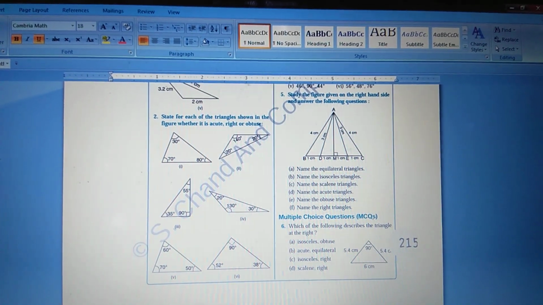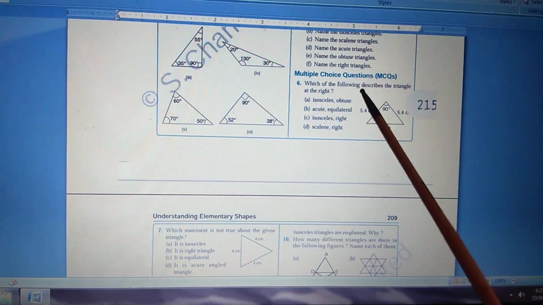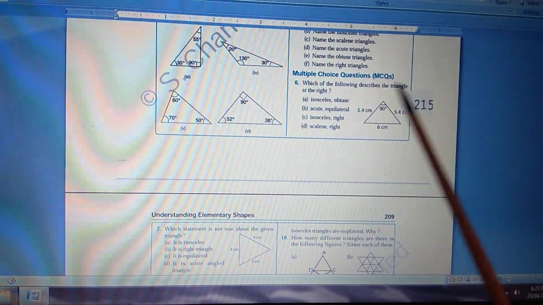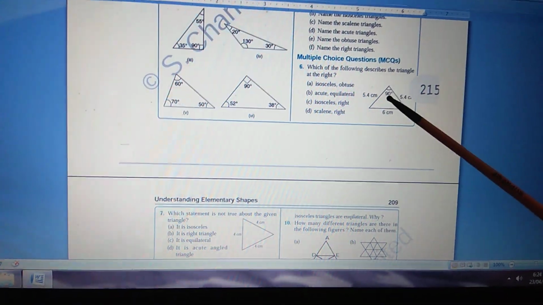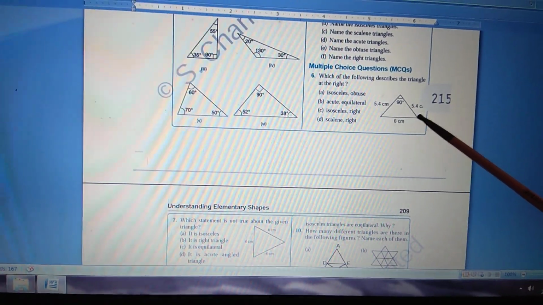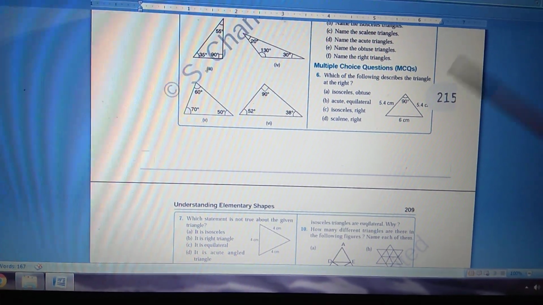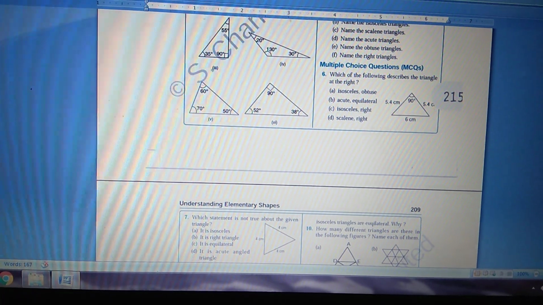Now let us go to the MCQs. In MCQ question number 6, have a look at what is told: which of the following describes the triangle at the right? Here a triangle is given. You can see one angle is 90 degrees and 2 sides are equal. So here the triangle is classified on the basis of angle and on the basis of sides.